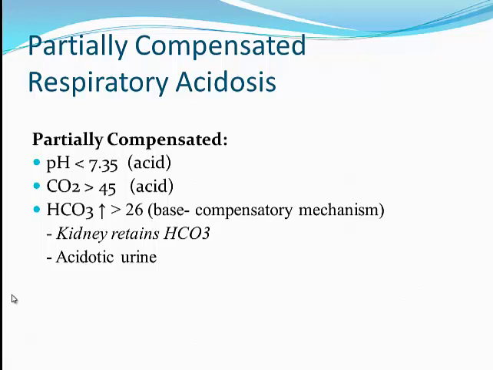Our kidneys are retaining bicarbonate, and we're going to have acidotic urine. So we have a patient who has a partially compensated respiratory acidosis. Now with this patient, we know that the kidneys retain bicarbonate to get rid of the acid, but you can tell it's been at least 24 hours because the kidneys take that long to start compensating.